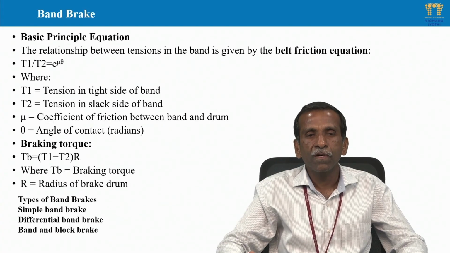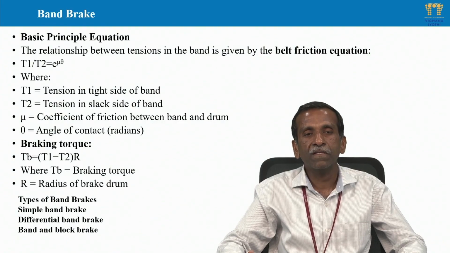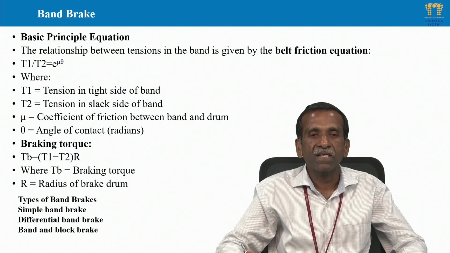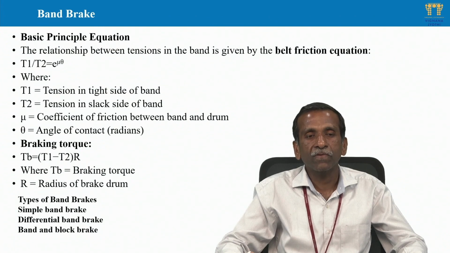We derived the tension ratio in the previous lecture: T1 by T2 equals e to the power mu theta. Mu is the coefficient of friction between band and drum, and theta is the wrapping angle of the band with the drum. The braking torque is T1 minus T2 into R, where R is the radius of the brake drum.